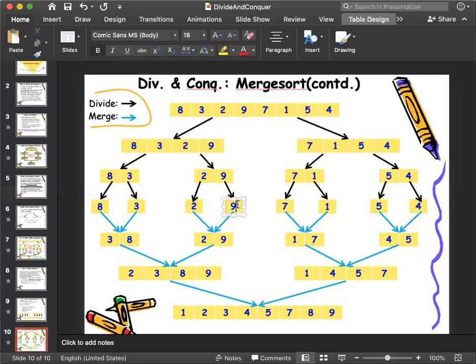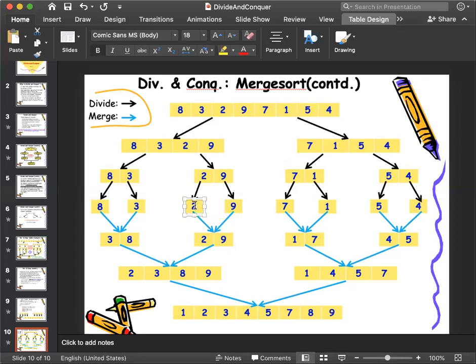And when I combine 2 and 9, which one is the lowest? If you have any question you can ask me, no problem. Between 2 and 9, it is actually sorted: 2 is the smallest and 9 is the largest.